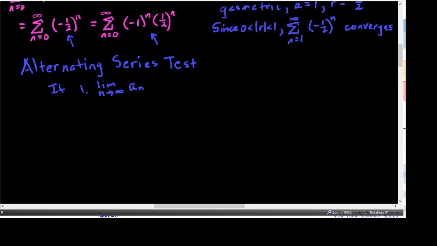So if the limit of a sub n as n goes to infinity is 0, and the second condition is that any next term, if you know what the current term is a sub n, the next term always has to be less than or equal to the current term for all n.